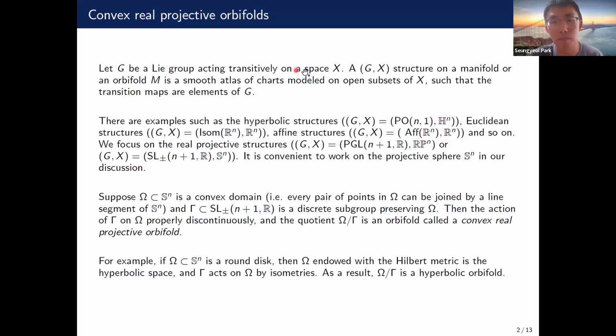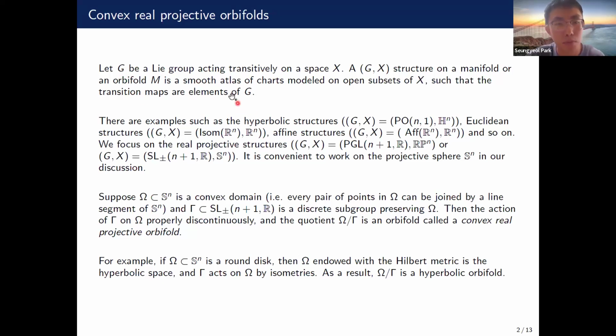In this setting, when we have another orbifold M, by a (G,X) structure on that orbifold, I mean a smooth atlas of charts, which are basically a collection of homeomorphisms of open subsets of M into open subsets of X, such that each transition map extends to elements of G.